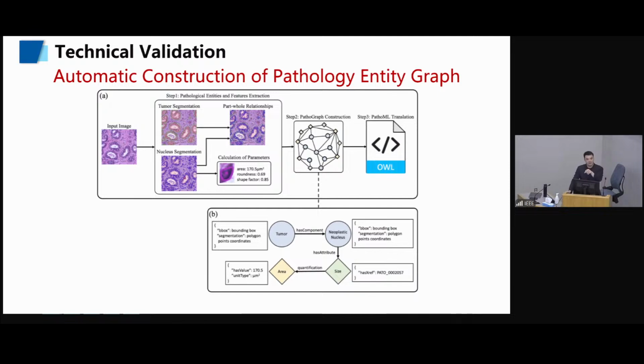And one of the advantages is that these nodes correspond to exact cells and tissue in the image, so it's more interpretable. Do your nodes have a strength associated with them, like this node is definitely part of this graph versus this node is maybe part of the graph? No, they just have exact relationships.